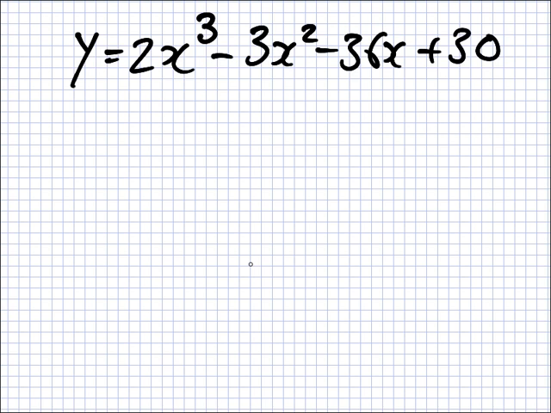Yeah, you got it? No, because you'll be guaranteed to get 0 if you do that. You put it into the original, because you're looking for the y, not dy/dx.